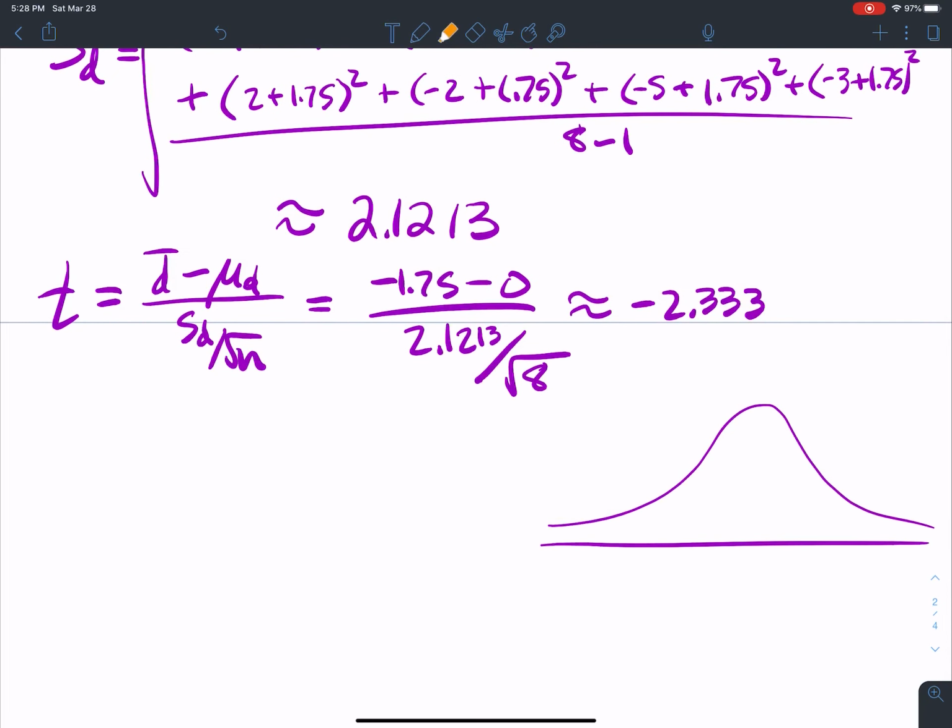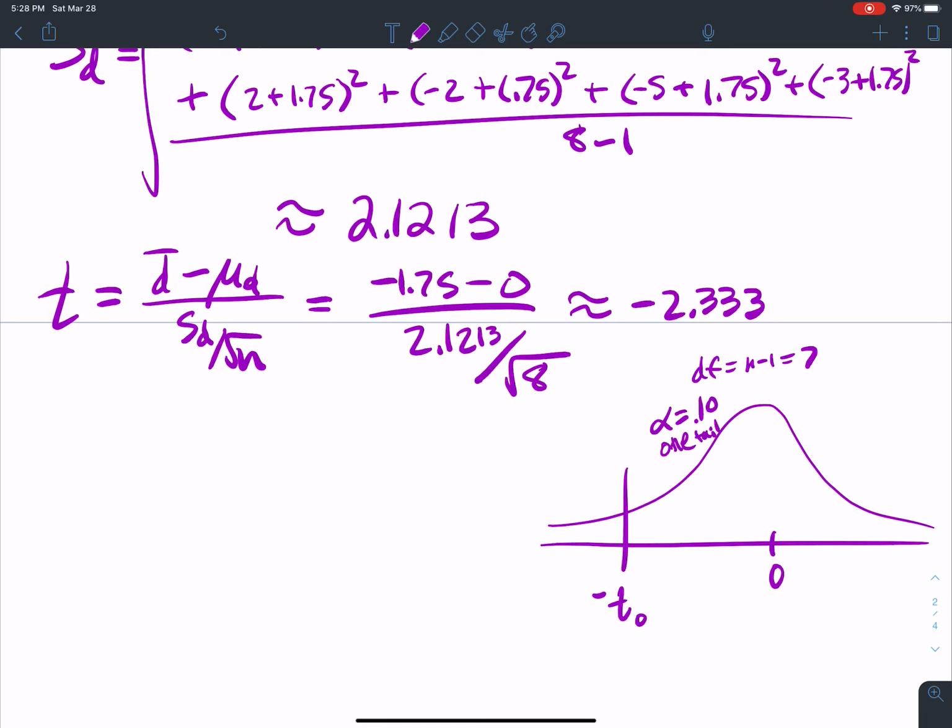And so when I do my t-test, okay, I know it's a left-tailed, so I know I'm going to be on this side for my critical value, so it's a negative, zero's in the middle. Alpha is 0.10. It's a one-tail alpha, and the degrees of freedom is n minus 1, so n minus 1 is 7.